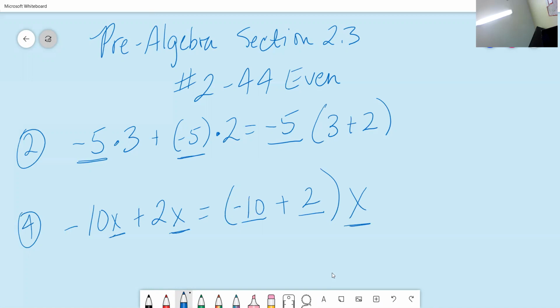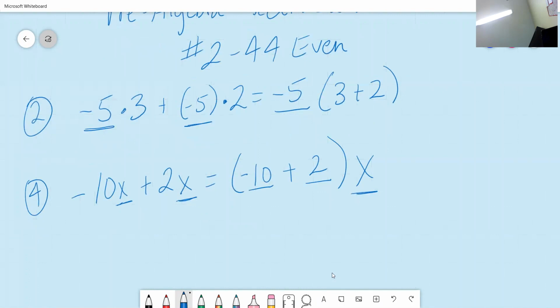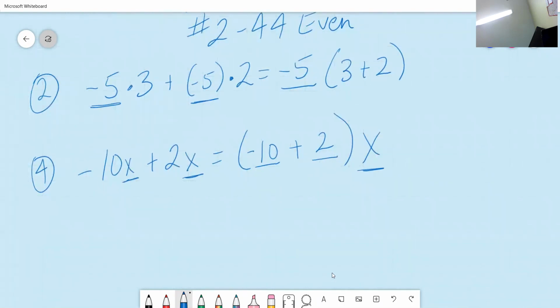So you can see how when you have a variable, this simplifies your answer significantly because then you're able to solve the -10 plus 2 and you're left with an answer of 8x. But that's for another day. Right now, we're just using our properties appropriately.